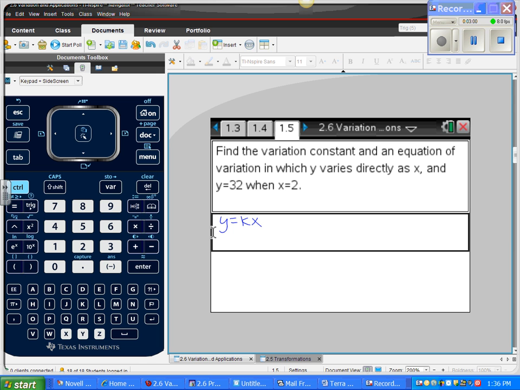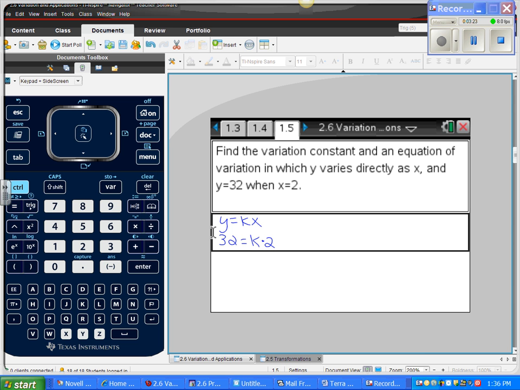Now, we're given a value for y, and we're given a value for x. What we want to come up with is the constant of variation, k, and the equation of variation in terms of y and x. Okay? So we know we have to plug in what we know. We know that y is 32, and we know that x is 2. We don't know what k is. We need to figure that out.